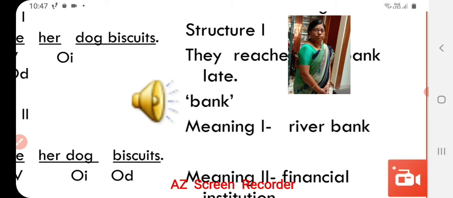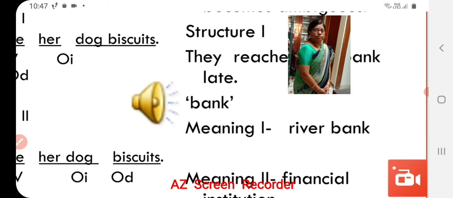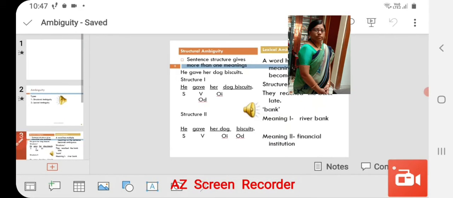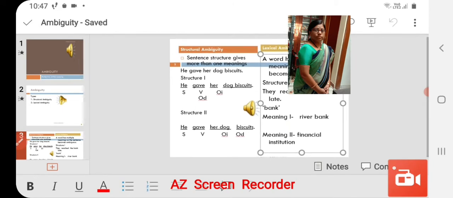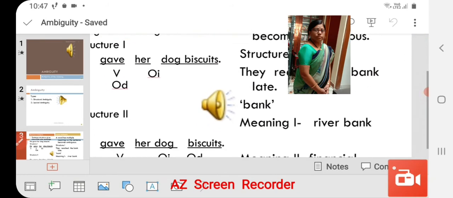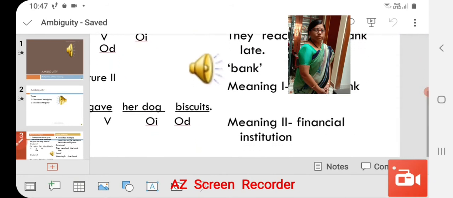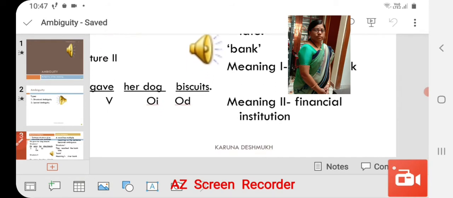Now let us talk about this sentence. They reached the bank late. Now here the word bank is ambiguous. Here the word bank is ambiguous because it means river bank. It also means financial institution.